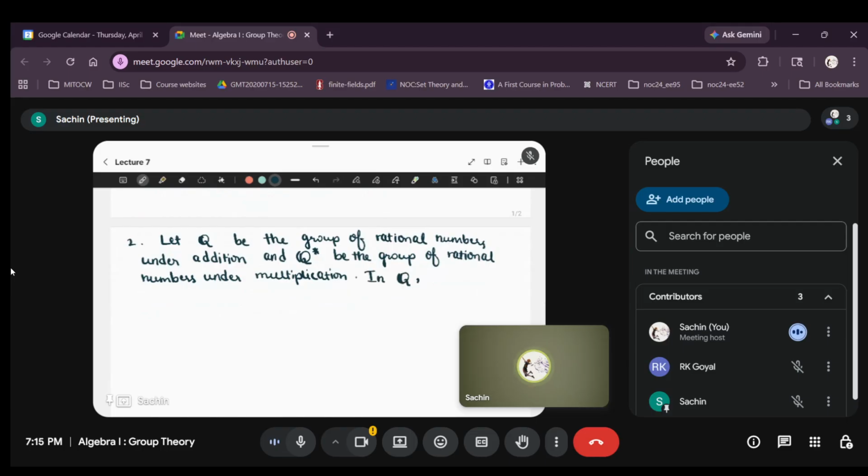In Q, list the elements in the subgroup generated by half, and do the same for Q star.